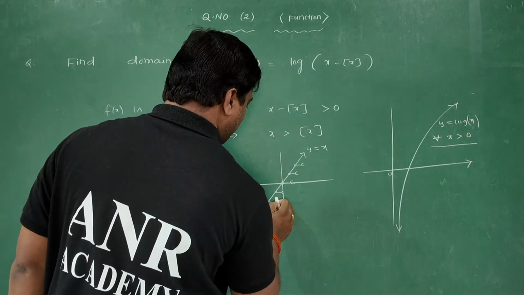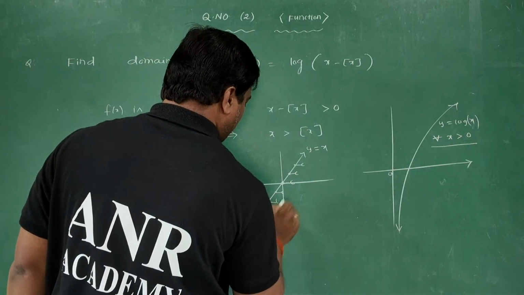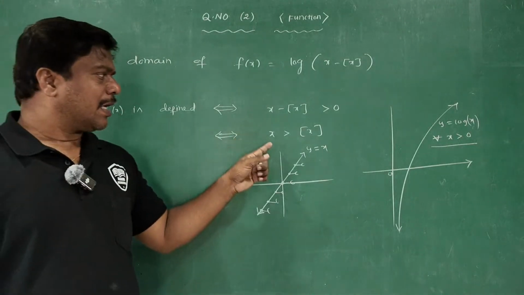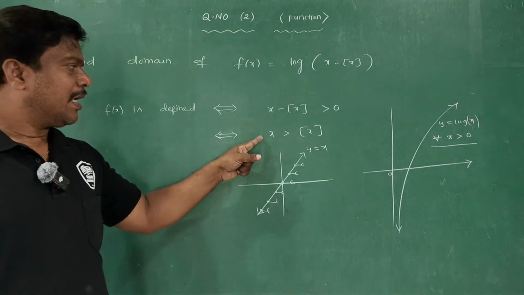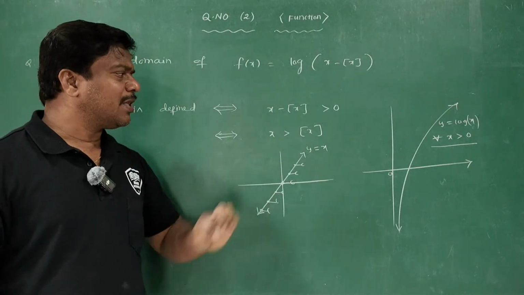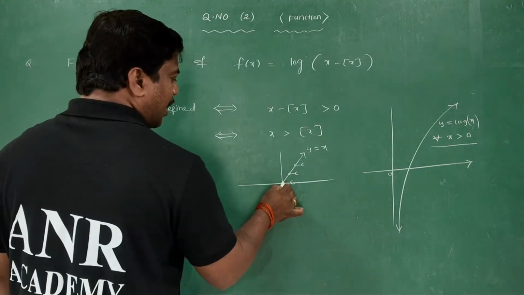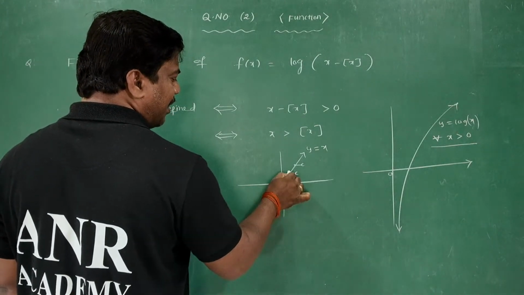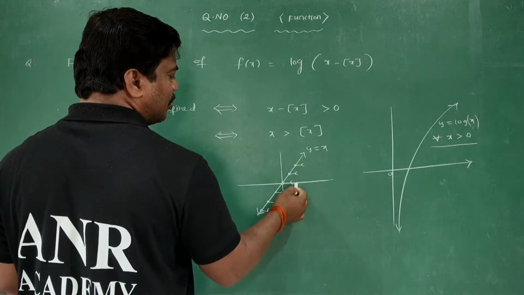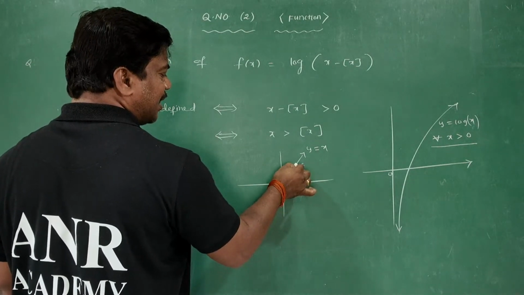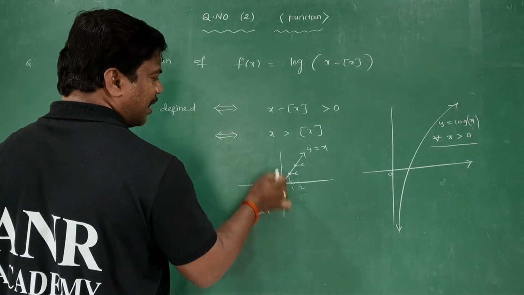Observe here the condition, the graph of y equal to x which is more than step x. Here at 0 they coincide, at x equal to 1 they coincide, at x equal to 2 also they coincide, at x equal to minus 1 also they coincide.